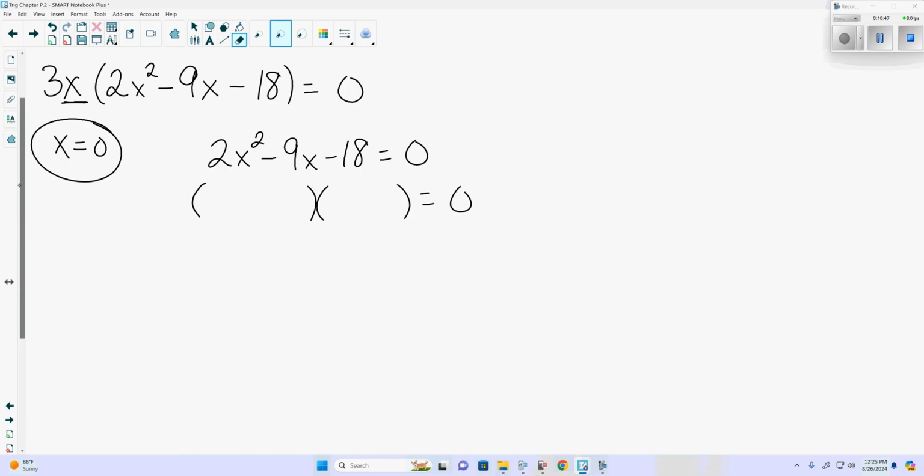All right. Since the third term is negative, our signs are opposite. Now we need to find the factors of the first and third term. Well, factors of 2x squared will have x and x. And then we'd have 1 and 2. We just need to put 2 in one of the two spots, because we can check it and figure out what we need to do next.